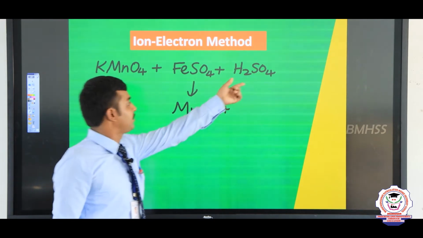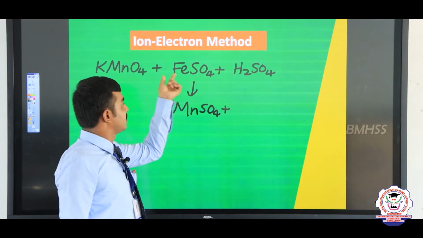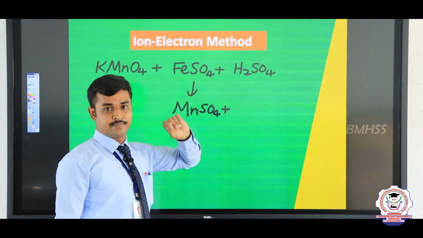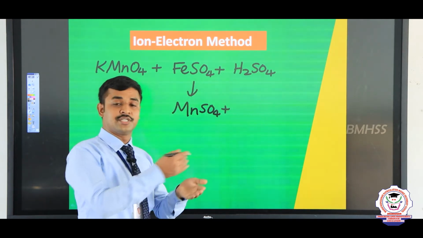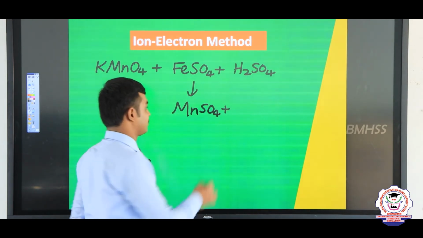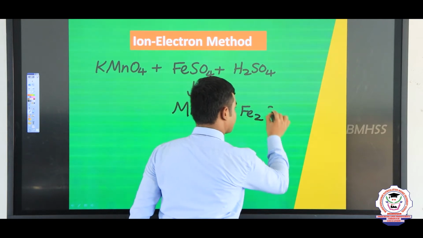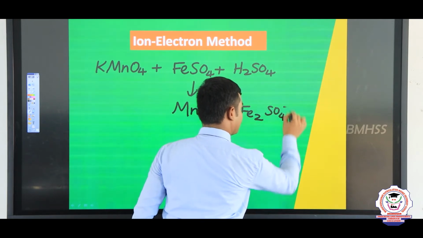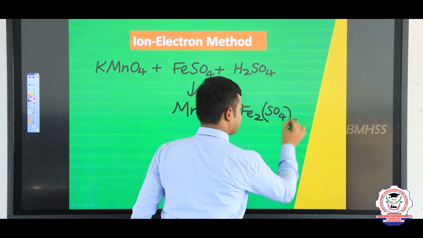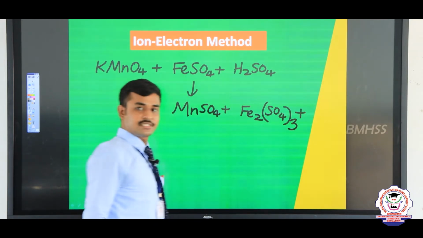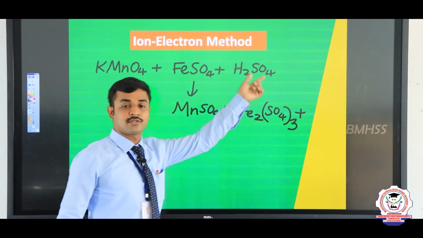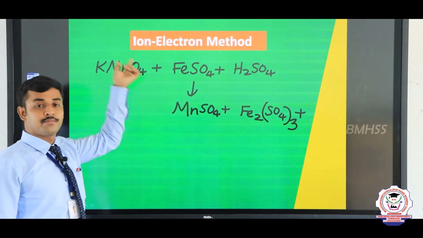When the sulfate ions are accepted by ferrous, ferrous sulfate is oxidised into ferric sulfate, Fe2(SO4)3. See students, the sulfate ion is also donated to the potassium ion.